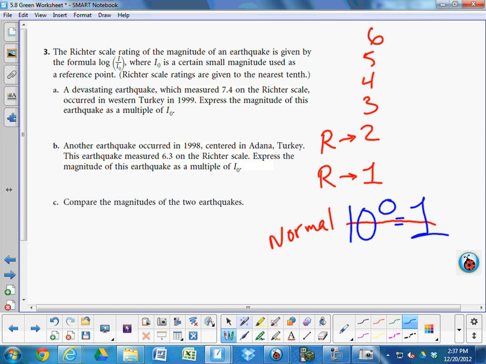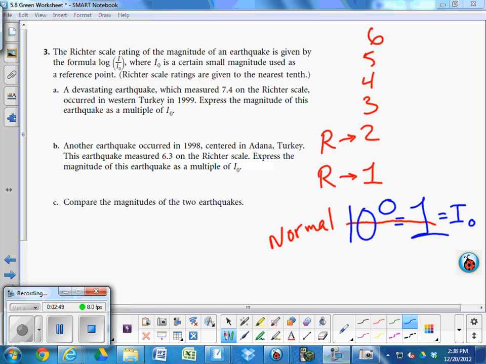That is basically what in this problem is I sub 0. I sub 0 is the initial intensity of the Earth when not much is going on, when there's not an earthquake happening. So as we read through this problem, which I'd like you to do now, think about I sub 0 as being normalcy, no earthquake.